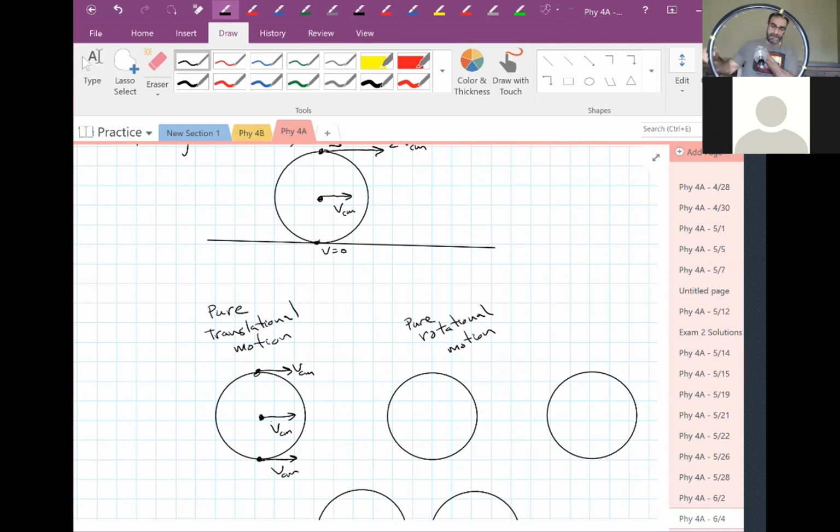The top is moving to the right, bottom to the left, and the center is not moving at all. If I spin it at just the right rate, I can get the top to move with v center of mass to the right. I can get the bottom to move v center of mass to the left, and the center there is not moving at all.